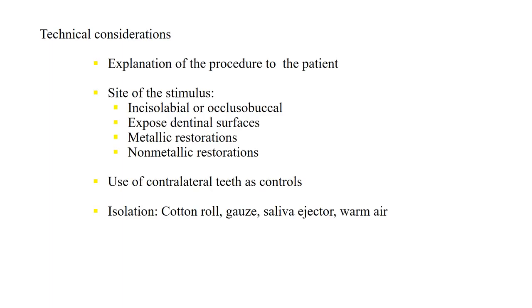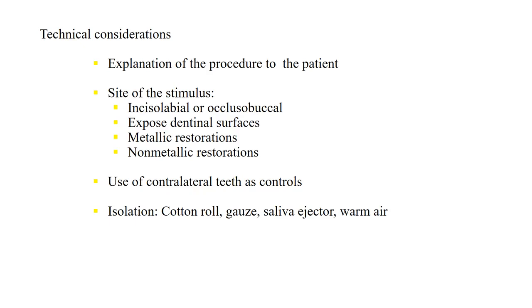The first thing when we are doing any pulp vitality test is to explain the procedure to the patient and tell him, with the help of a control tooth, what he should expect. Whenever we do any pulp sensibility test, whether it be cold test, heat test or electric pulp test, we expect only one response, that is pain or a mild sensation.